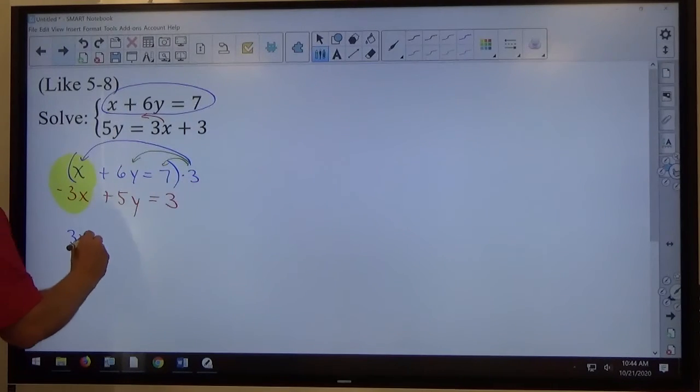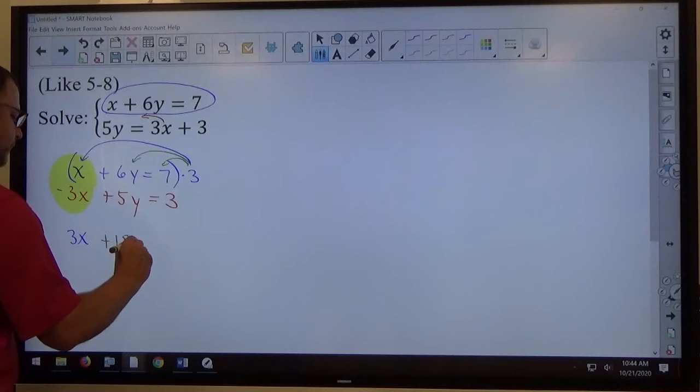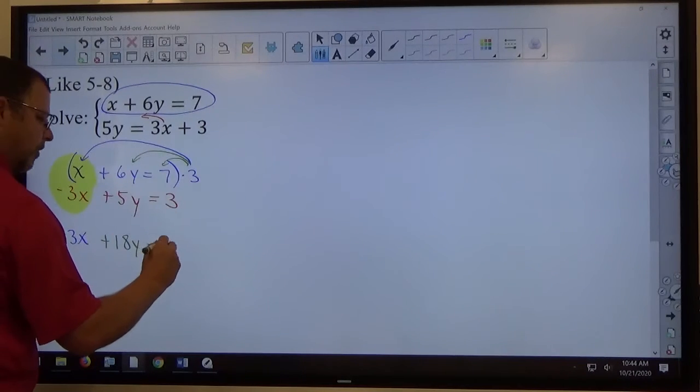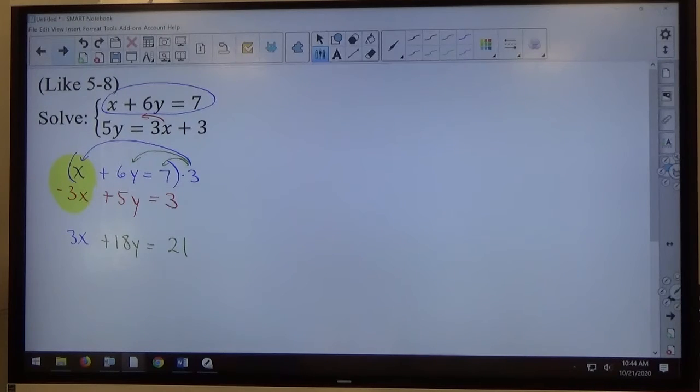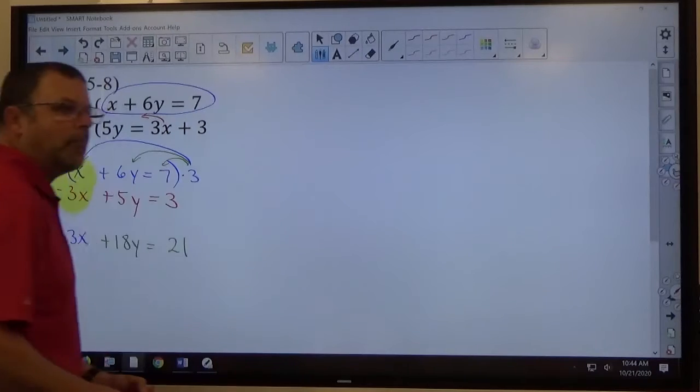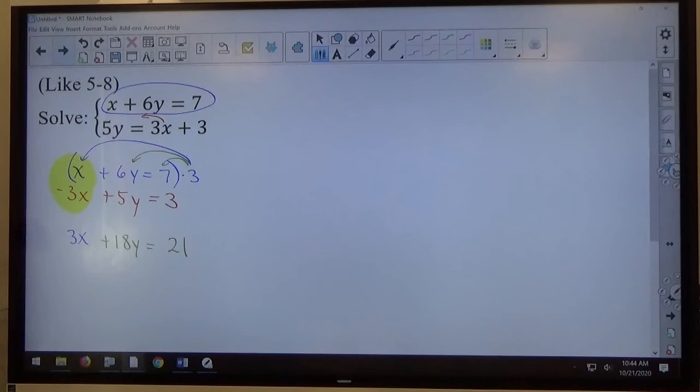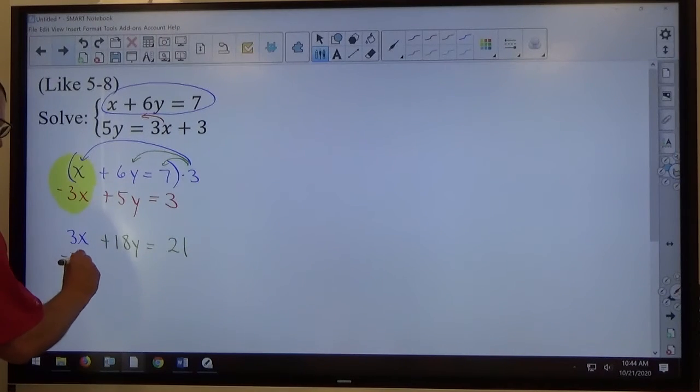Positive 3 times positive 6y makes positive 18y. 3 times positive 7 makes positive 21. In all cases, everything's positive, so all our products are positive. The bottom equation, I'm not modifying at all because it already has negative 3x, the opposite of positive 3x. So the bottom equation is fine the way it is.